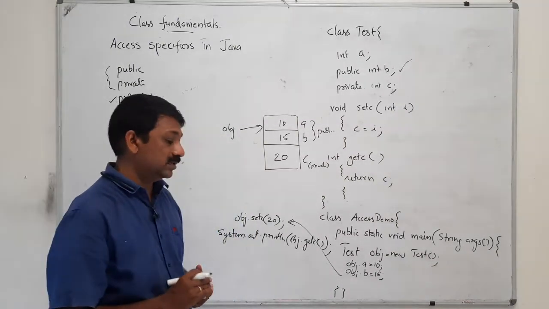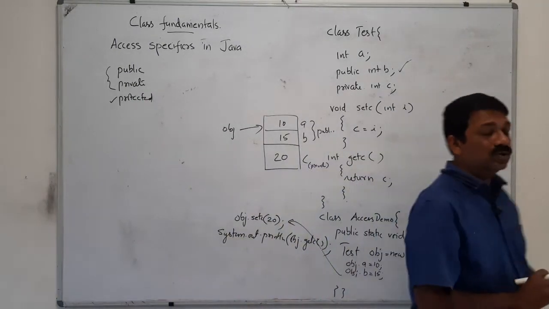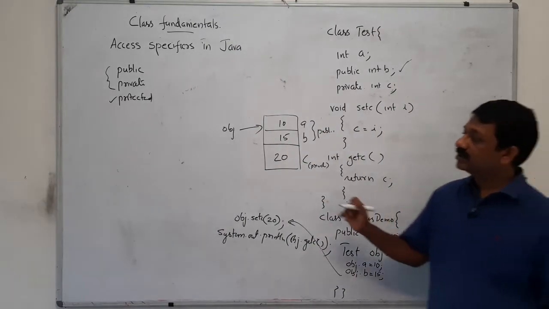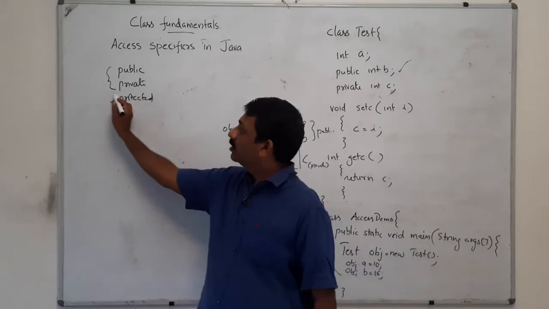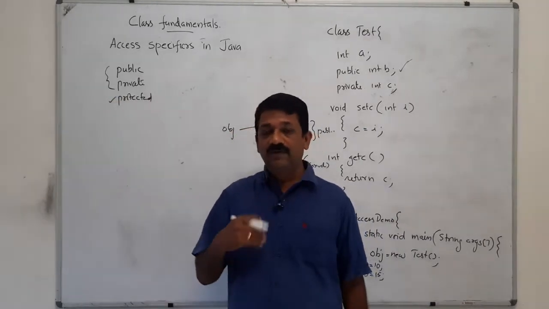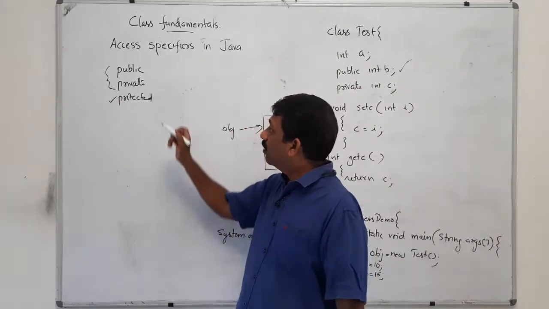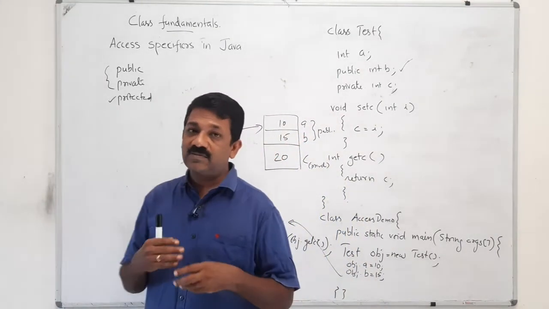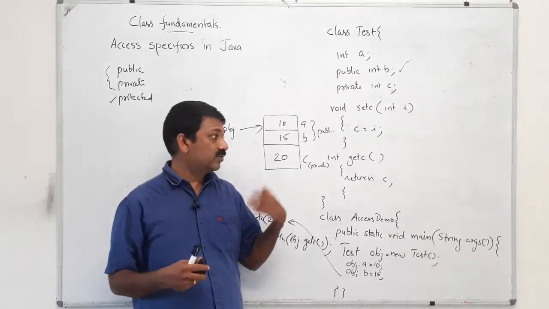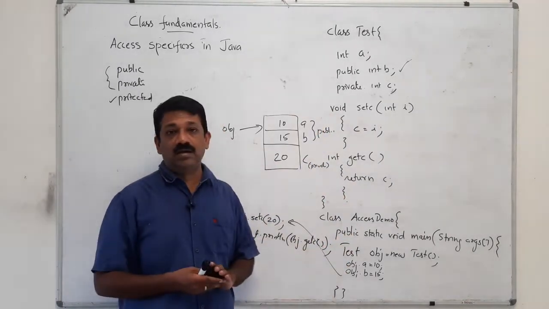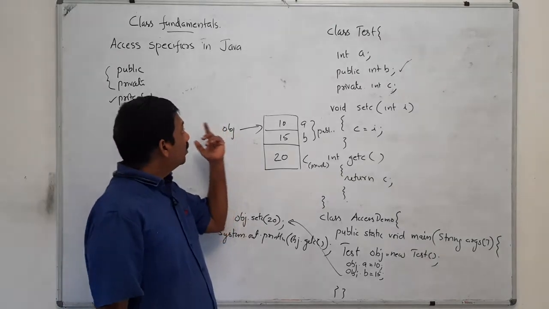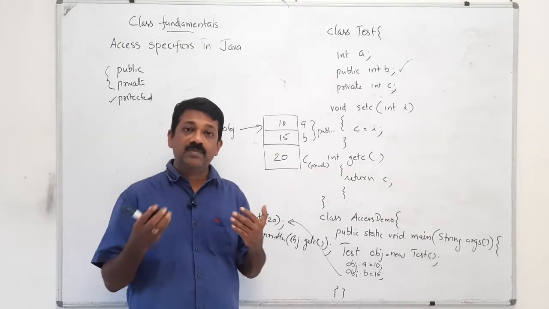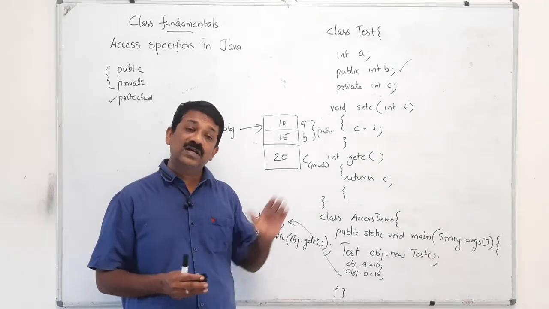Okay, so there are two types of access specifiers at this point. We will discuss protected in detail when we discuss inheritance. Now, what is the difference between public and private variables? Public is accessible to everybody, anybody outside this class, and private variables can be accessed only by methods of the same class.